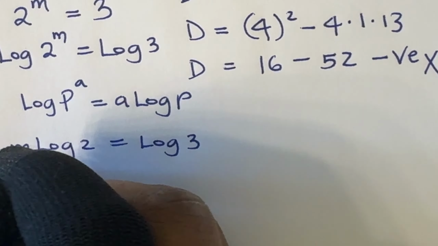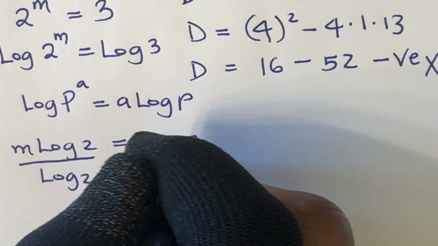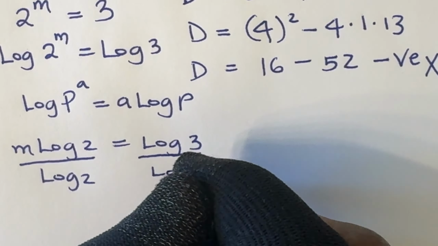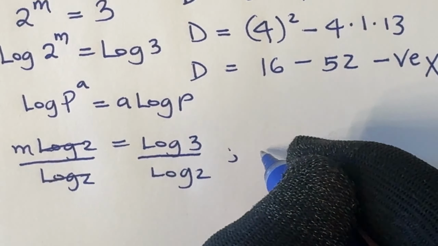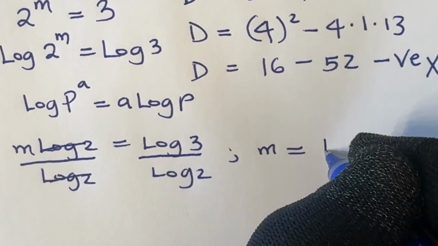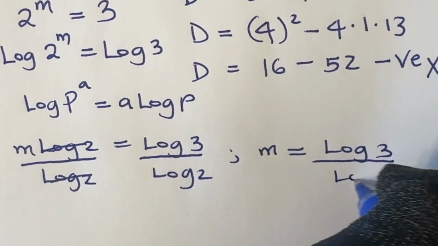I'll divide both sides by log 2, so that we get m is equal to log 3 divided by log 2.